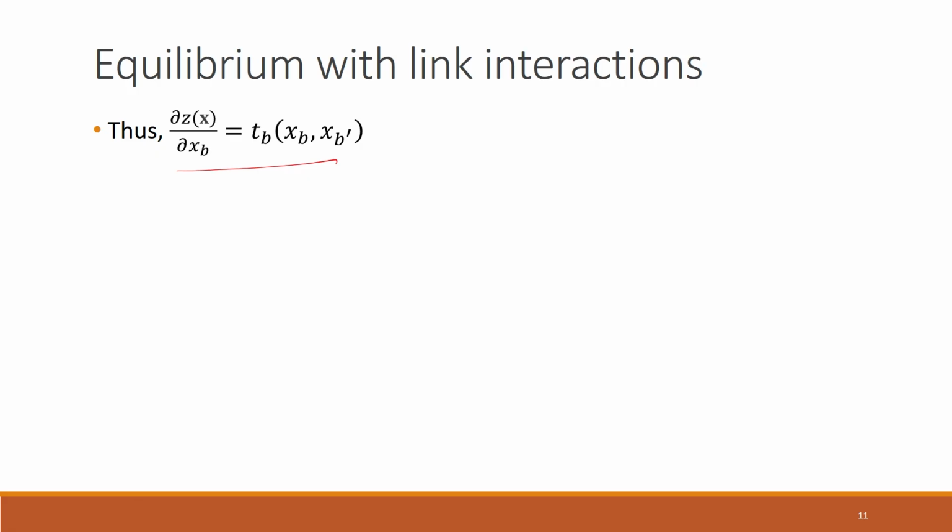So there also the derivative of the objective function with respect to the flow on link b was equal to the travel time function of link b. Okay. The only difference was that in that case the travel time through any link b was only a function of the flow through that link b, and now in this case the travel time through link b is also a function of the flow through the opposite link, which is b dash here. Okay. So that is why there is xb dash also here.